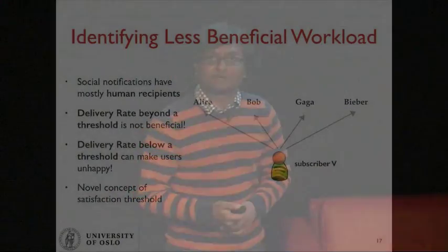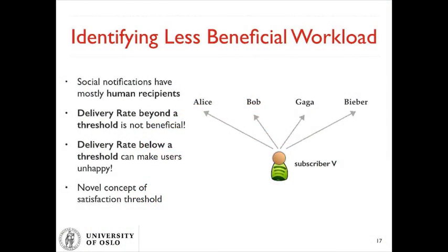So just to give you an idea here, if there are many topics being subscribed to by a user, usually in the kind of social interaction systems we are dealing with here, the end user is a human user who has a certain limited capacity for processing events at any given unit of time.